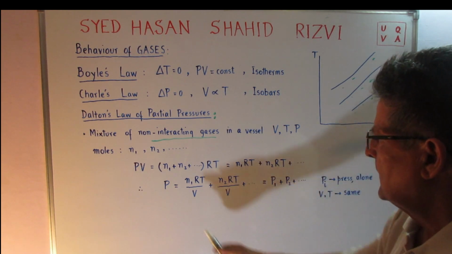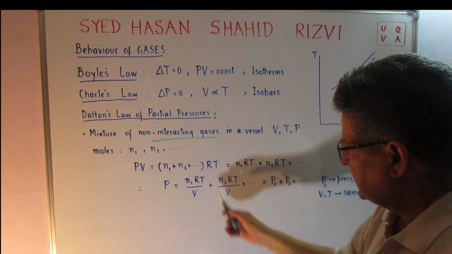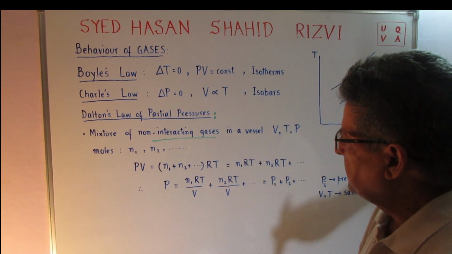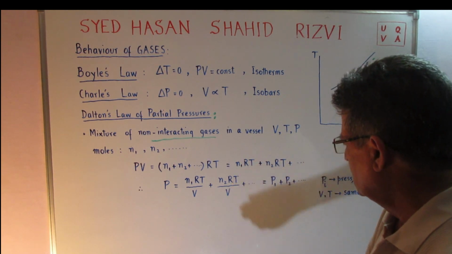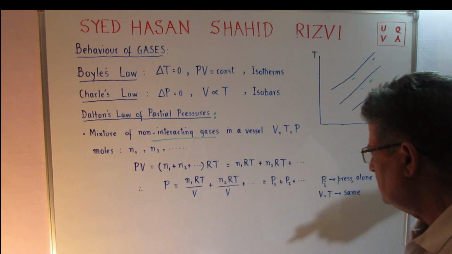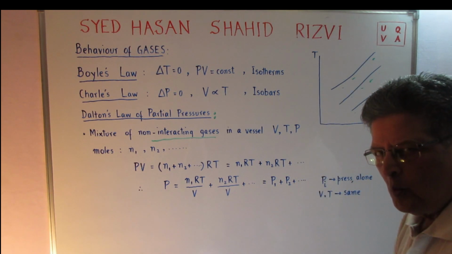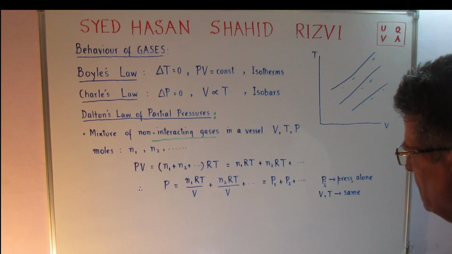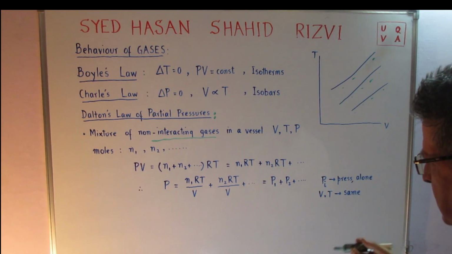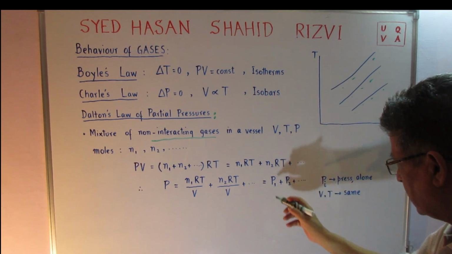Now, I can write from this equation, I divide it by V, and this becomes equal, by definition, to P1, P2, P3, etc. So the pressure of the mixture is equal to the pressures of the individual gases when they occupy the same volume at the same temperature, and we can measure those when there is no other gas in that environment.